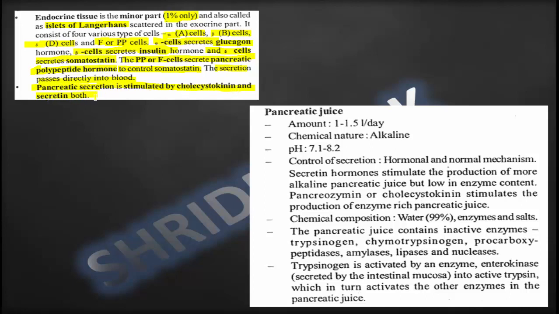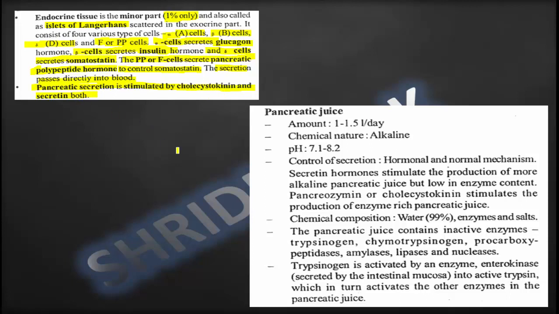Cholecystokinin and secretin control the pancreatic secretion. One more term to remember, PP or F, P for pancreatic polypeptide, which secretes pancreatic polypeptide hormone to control the somatostatin. So pancreatic hormone secretion is regulated by cholecystokinin and secretin.